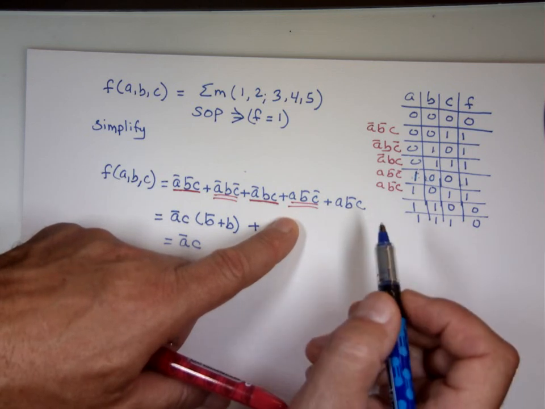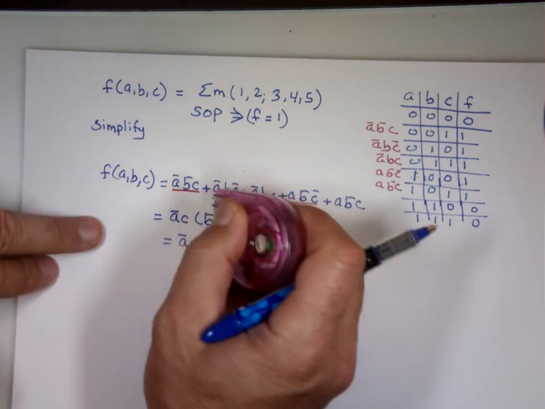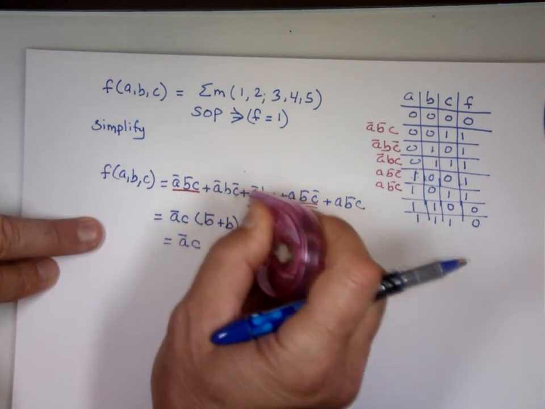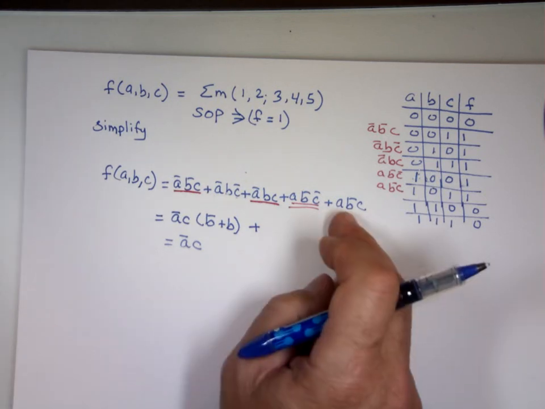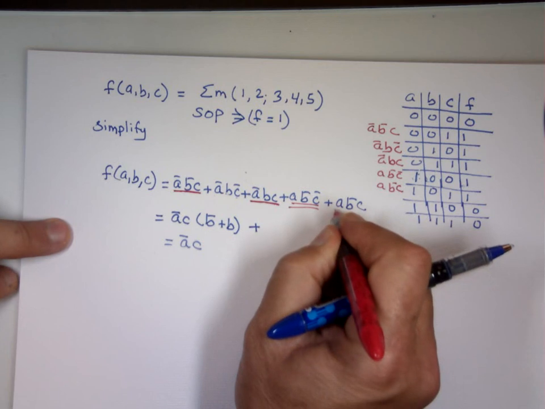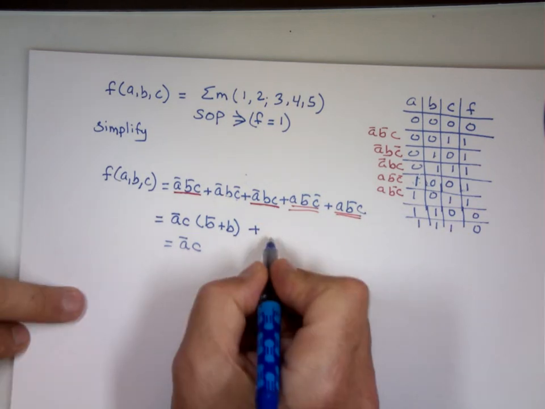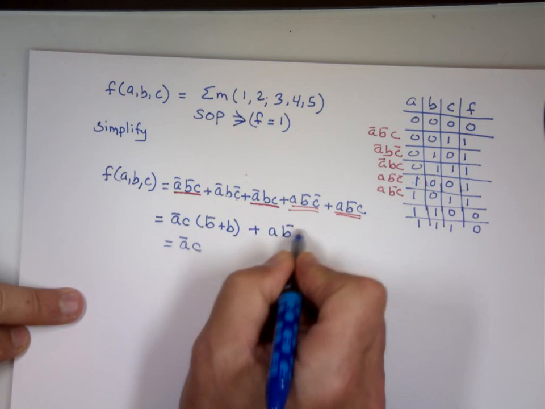I highlighted the wrong one. The last two terms, you can take A, B bar out. Yep, you can factor A, B bar. So if I take that A, B bar, you get C bar plus C, which is 1.